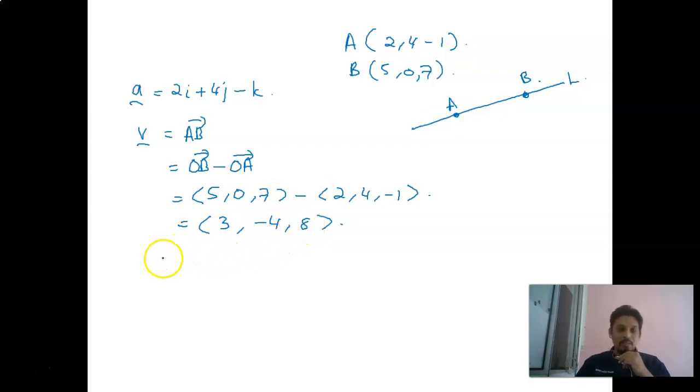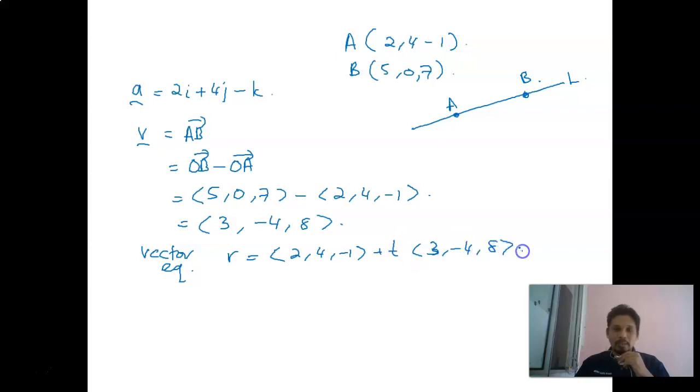So the vector equation is r equals a, where a is (2, 4, -1), plus t, a scalar, times v, which is (3, -4, 8).